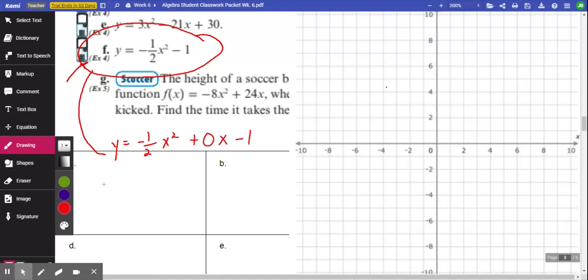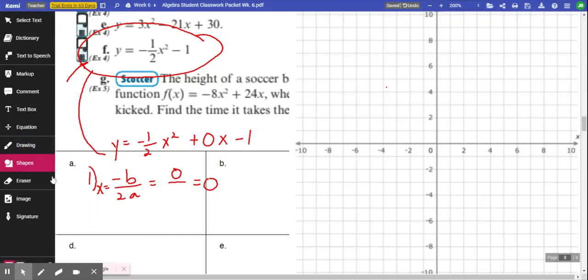So let's find the vertex. Well, let's look at it first. Negative b over 2a is our axis of symmetry. Well, negative b is 0, so I don't really need to go on from here because 0 divided by anything is just 0. So the axis of symmetry will be right along the y-axis here.